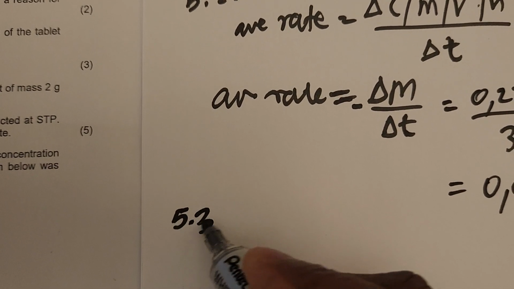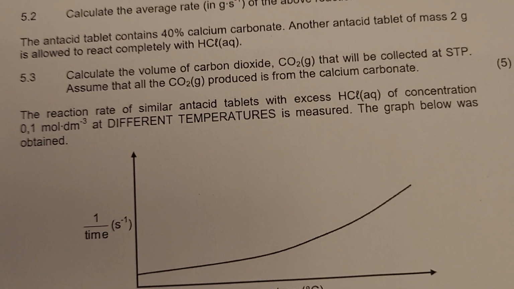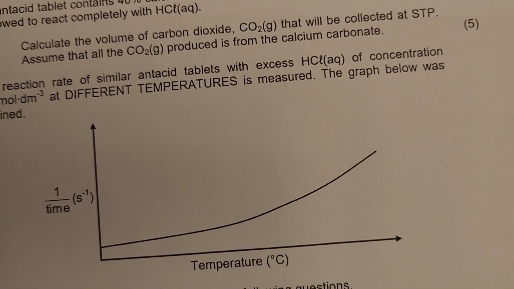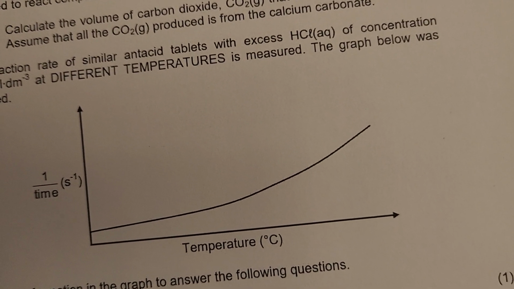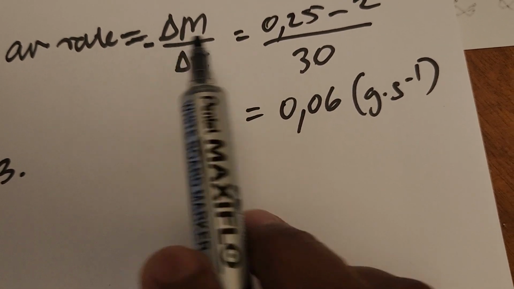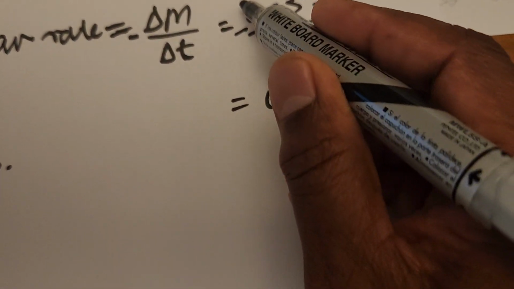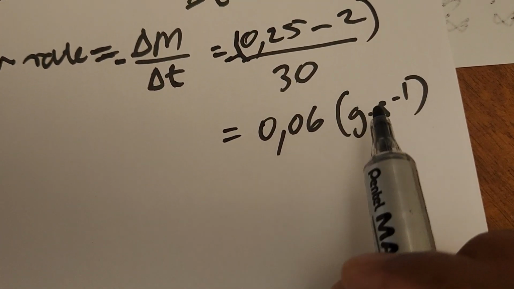So 5.3. There's a statement in front of that one as well. Remember also in this one of rate, just to take it through, if you forget this negative, you find that your rate will be negative now.